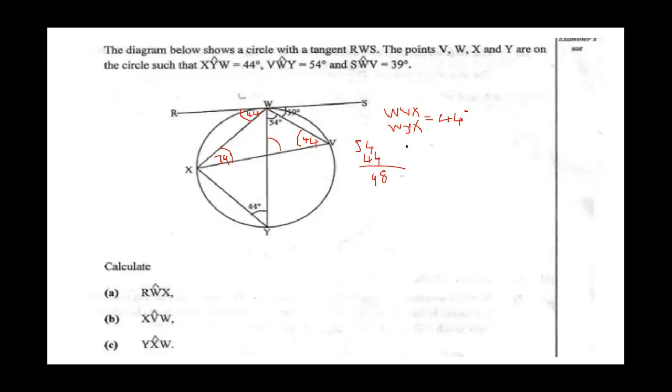In short, to find that angle, it's 180 minus 98. The value there is 82.